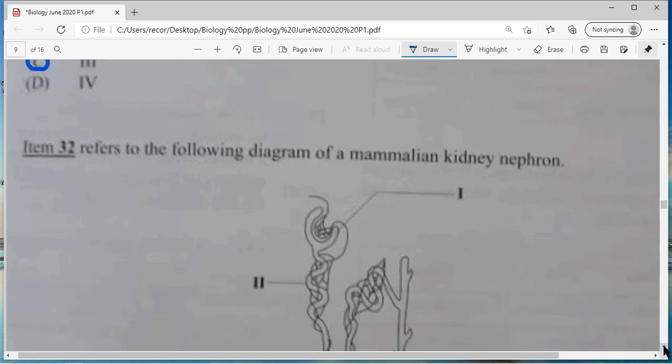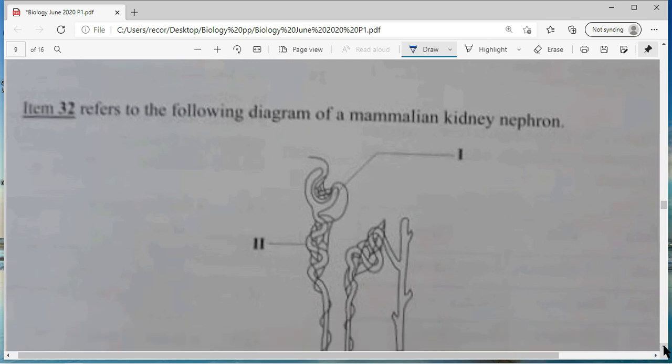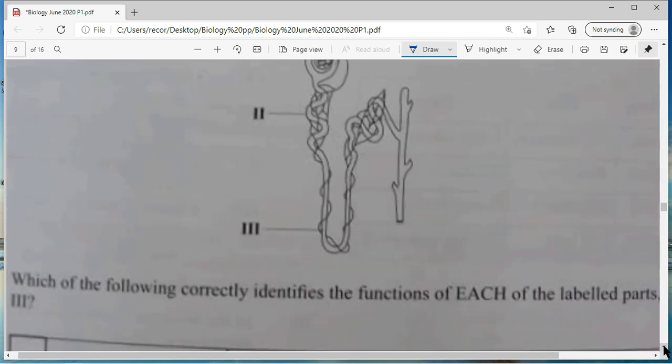32 refers to the following diagram of a mammalian kidney nephron, and 1 there being the Bowman's capsule with of course a glomerulus in it, which is responsible for of course ultrafiltration, and 2 there being the proximal convoluted tubule, or the first convoluted tubule where selective reabsorption takes place, and 3 there being the loop of Henle, which is responsible for conserving some amount of water in the kidney.